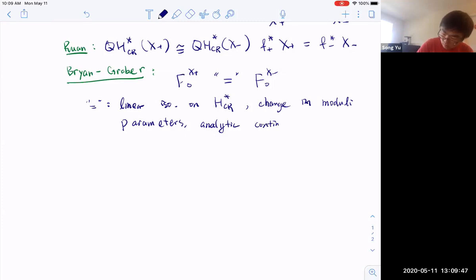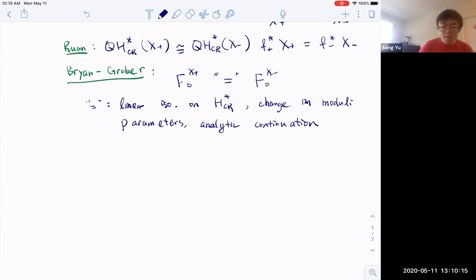Usually these Gromov-Witten potentials are not some well-defined global object, and we need to use mirror symmetry to turn the picture into the B-model picture, where we can hopefully have some nice analytic global object, and that's where analytic continuation comes into the picture.